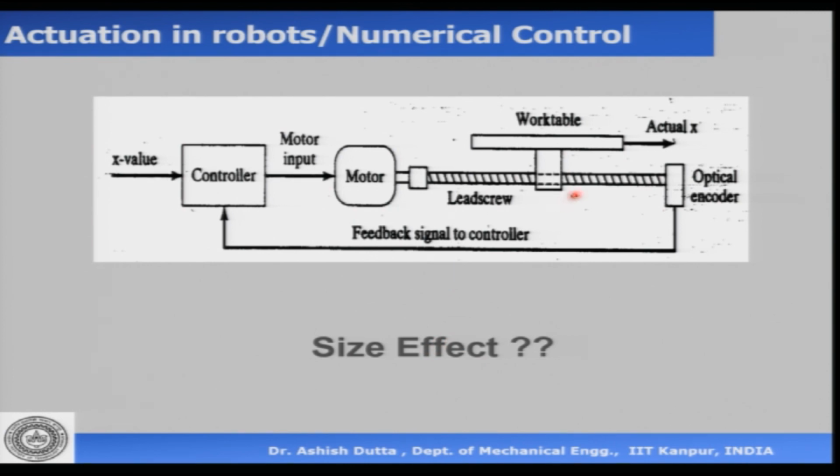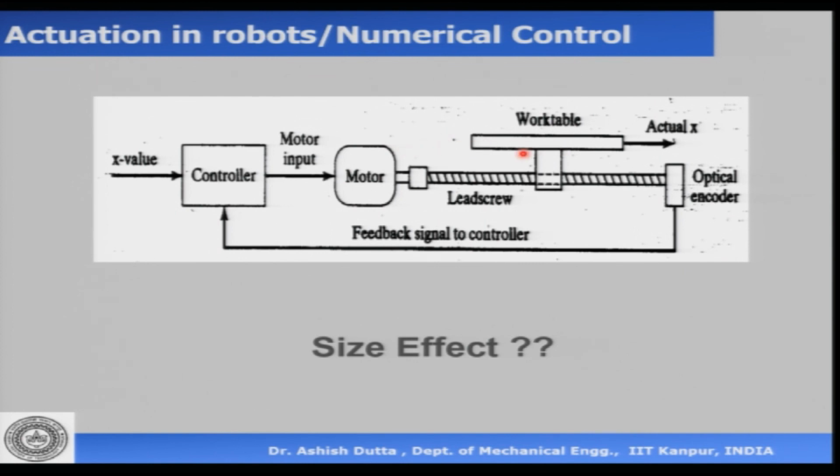So if you want to make a very small device, a very small robot, then we have to use an actuator which is not a DC motor, and we have to make links which are small, which can of course be made small. We have to use sensors which are also very, very small. So this DC motor cannot be shrunk, so we use what is called a smart actuator to replace a DC motor and produce the actuation.